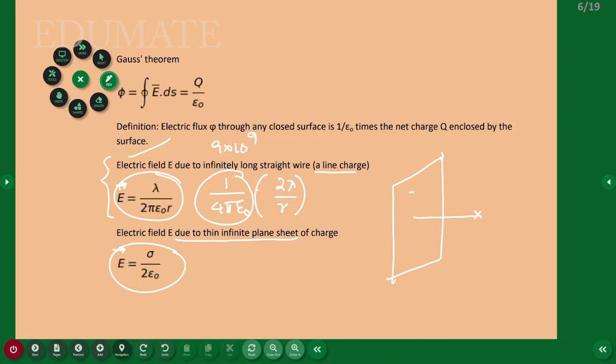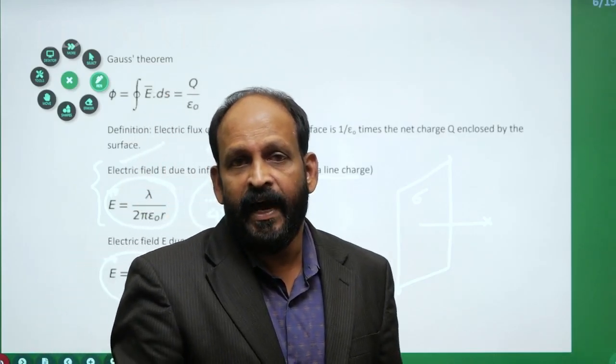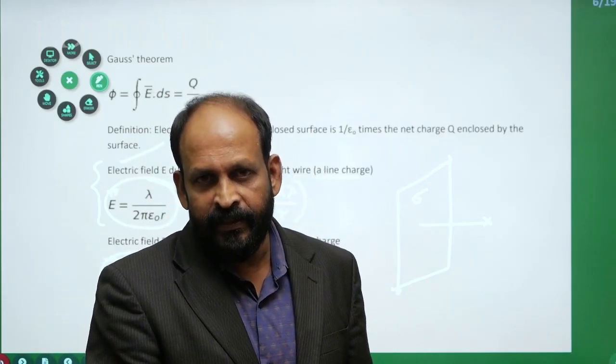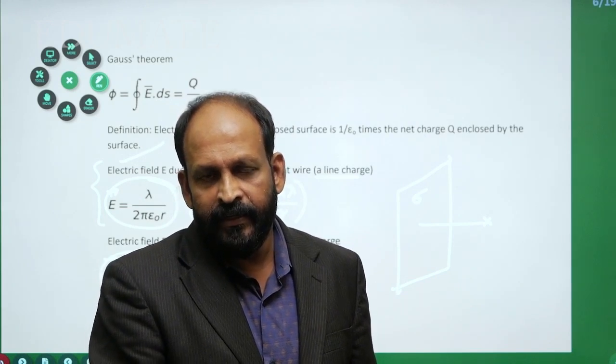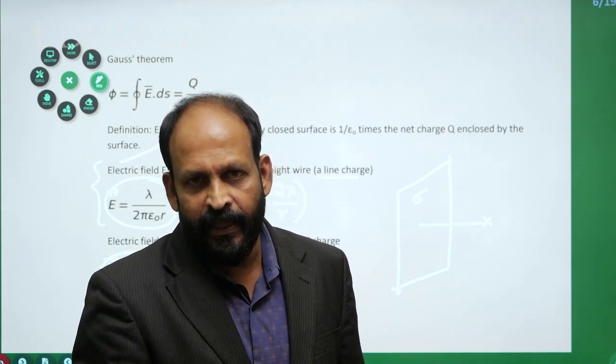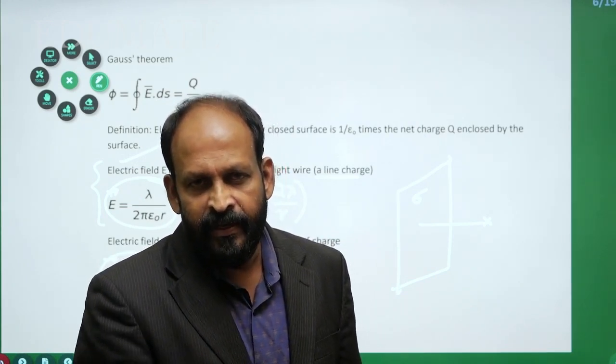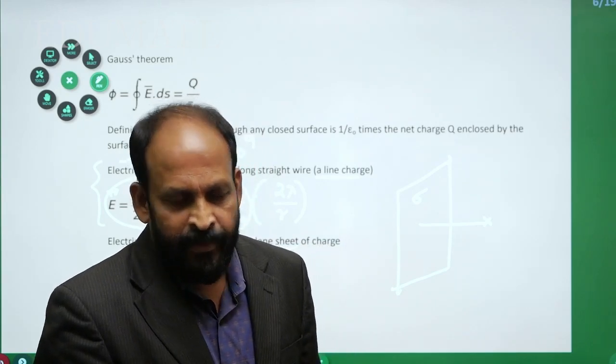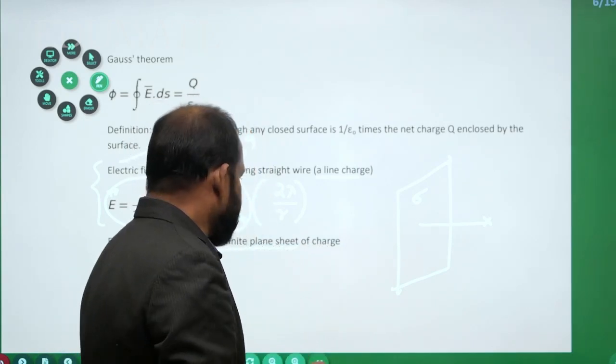Here sigma is the surface charge density. Surface charge density means the charge per unit area, the total charge per total area, and it is given by sigma.